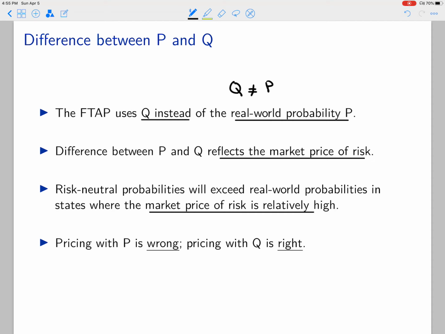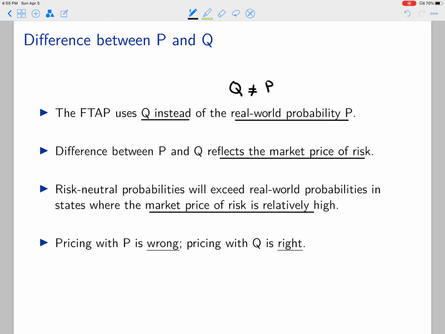On any given date, the real world probability of a recession is low. However, the price of $1 in a recession, or the price of risk in a recession, is very high. That is, you'd prefer $10,000 in a recession to receiving $10,000 in a booming economy. And the risk-neutral probabilities are going to account for the fact that the price of risk is higher in this recession state.